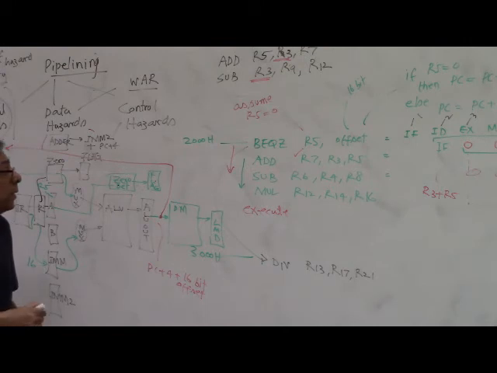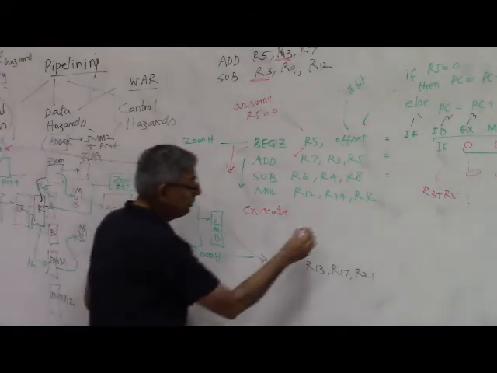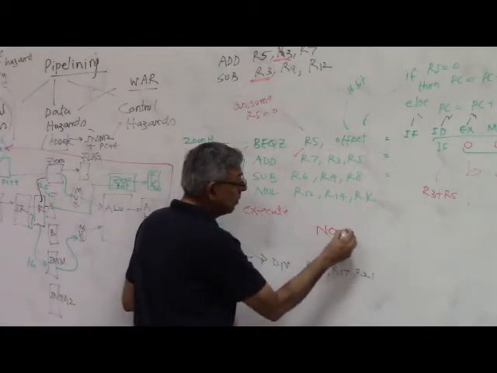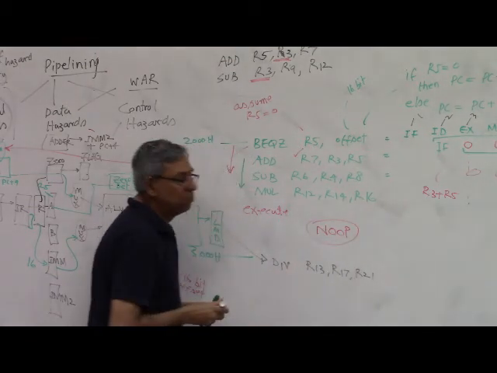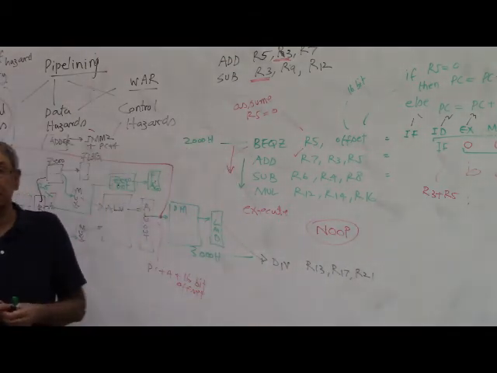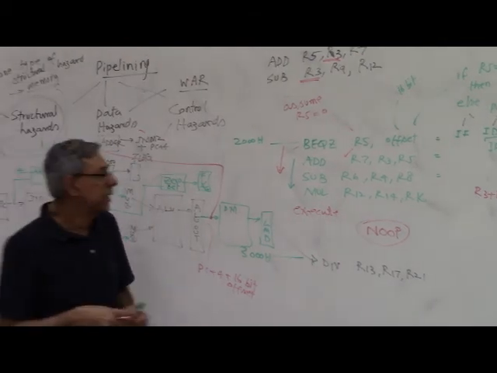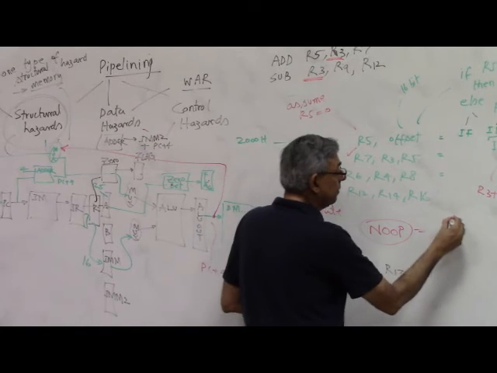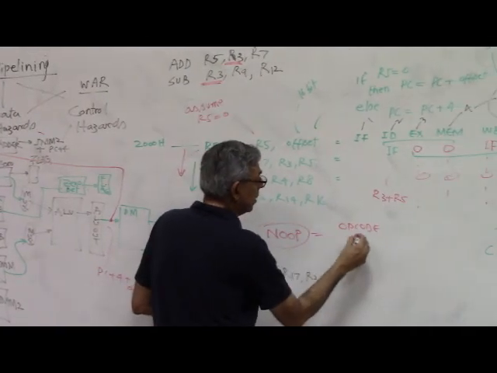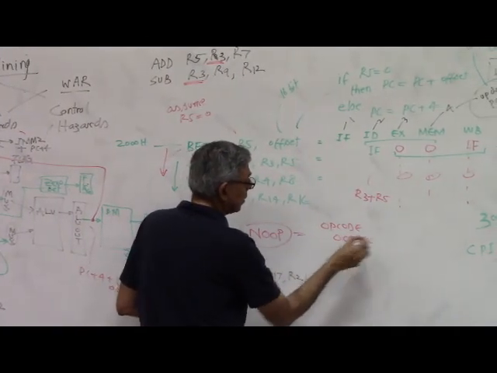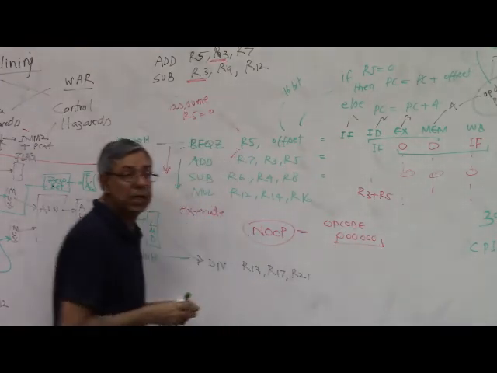Some of you who have done assembly language programming before would remember that in most microprocessors there's an instruction called no-op. It doesn't do anything. It usually has an opcode of all zeros. Remember we have a 6-bit opcode over here.